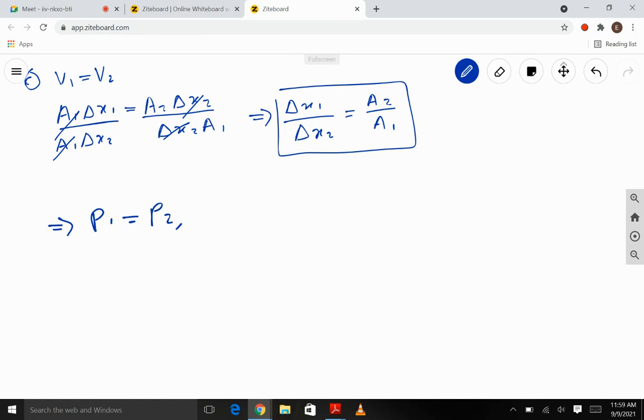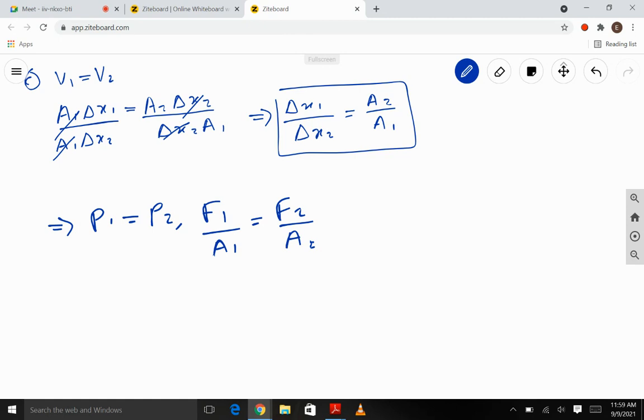So this is going to be F1 over A1 equals F2 over A2. Okay, so that's about it, right? So there you have that, right?